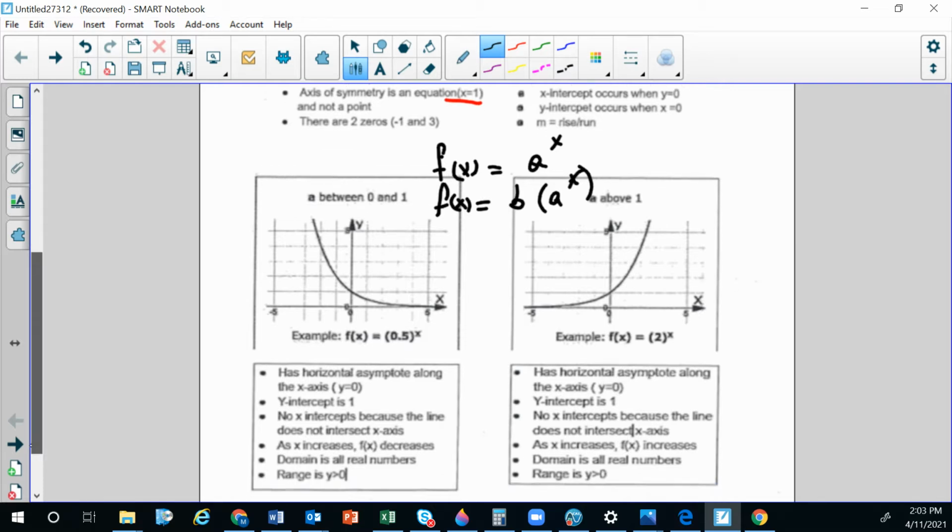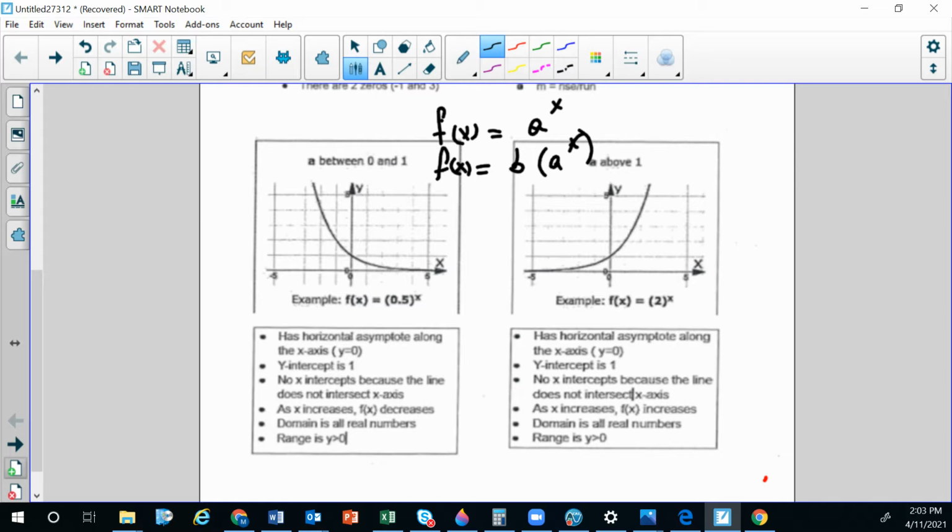Now, when we talk about exponential, if there are no restrictions on a graph, your domain is going to be all real numbers. I want to stress that. Your domain is going to be all real numbers. And your range is going to be y is greater than 0. Okay, that's 2.